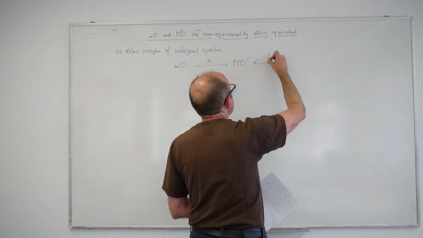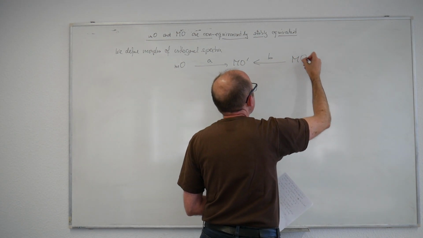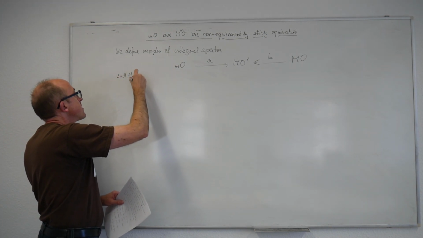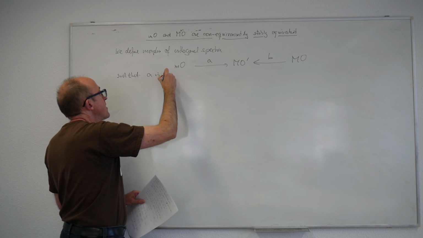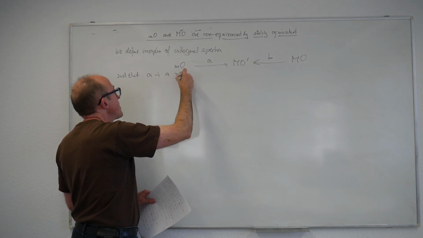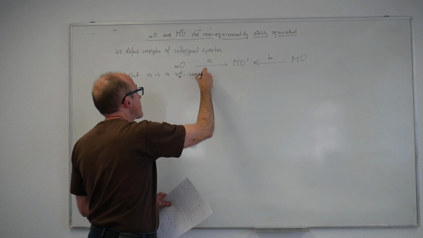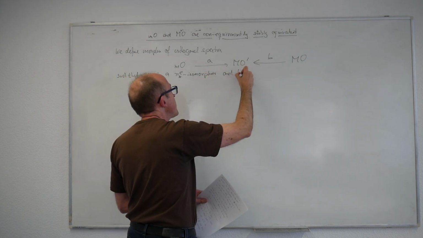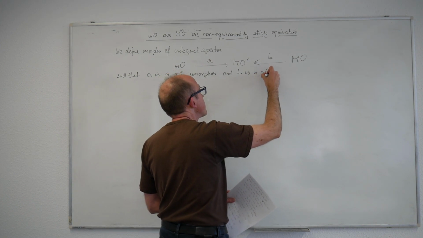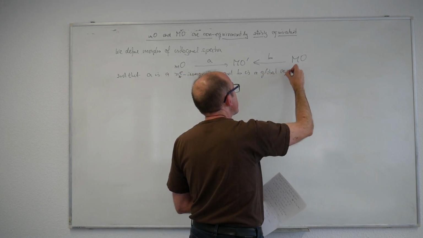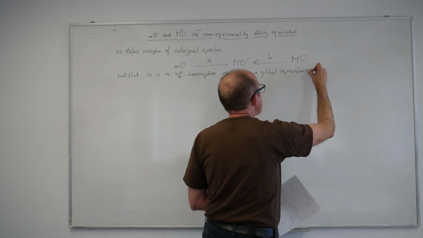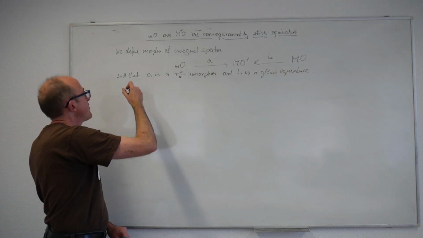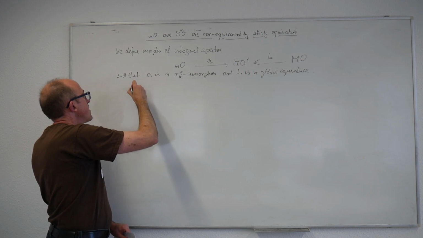And another one B in this direction, with the following properties, such that A is a pi star isomorphism, an isomorphism on non-equivariant homotopy groups, and B is actually a global equivalence.